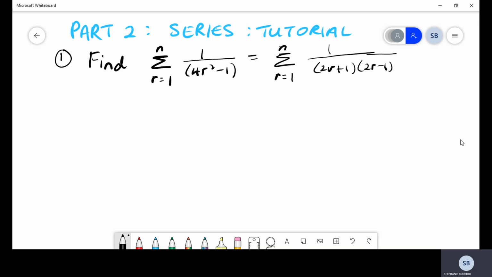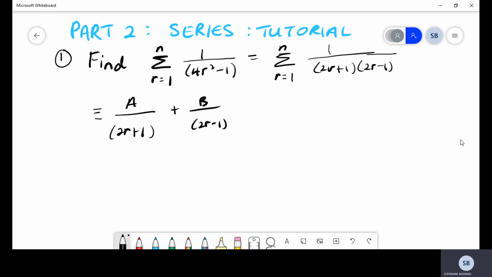That's step 1. This is the thing about pure maths: you really have to be able to see past the structure of the question, so your mind should be thinking along the lines of partial fractions. We set up our partial fractions into the form A on (2r plus 1) plus B on (2r minus 1), linear non-repeated factors.